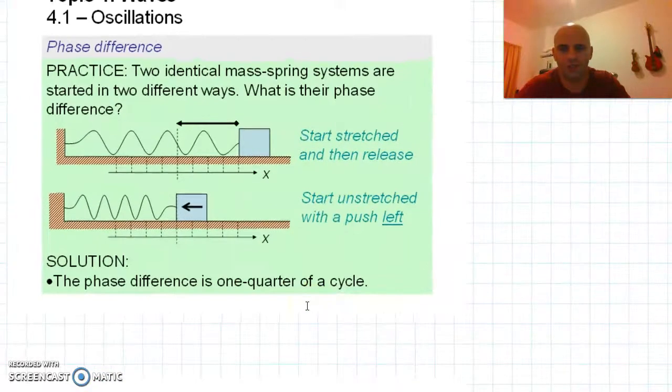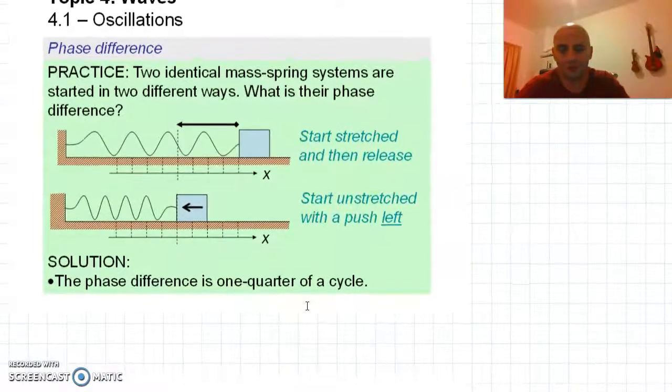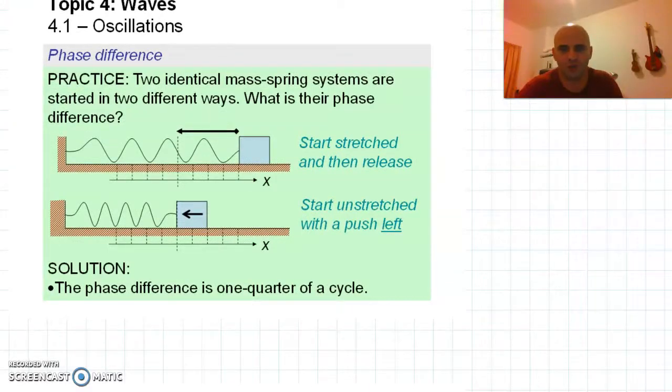We've got another one. We've got two identical mass spring systems that are started in two different ways. What is their phase difference? One of them is started from here, and the other one seems to be started from the equilibrium line. Sorry, this one is started from here, measuring from the wrong place by the looks of things, and this one is started from the equilibrium point.